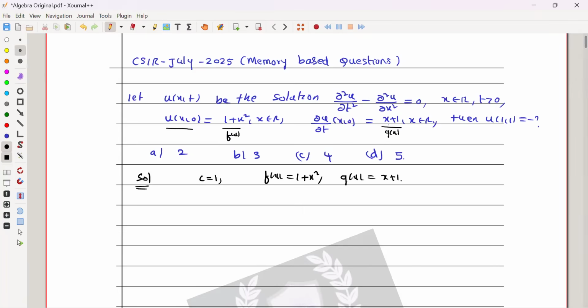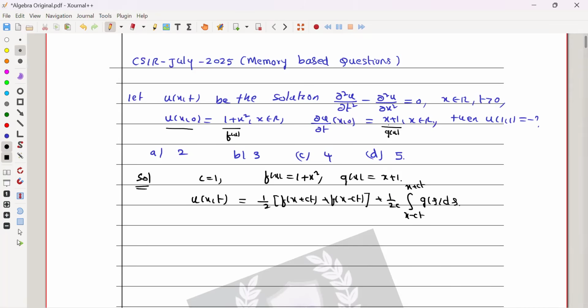So then by the D'Alembert solution, the solution of the given problem is equal to 1/2 into [f(x + ct) + f(x − ct)] plus 1/(2c) into the integral from x − ct to x + ct of g(s) ds.